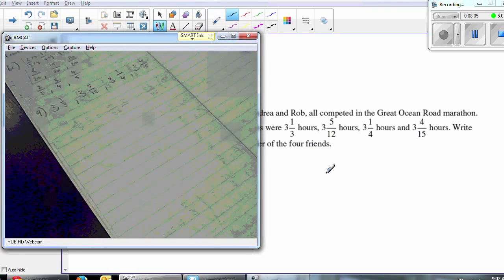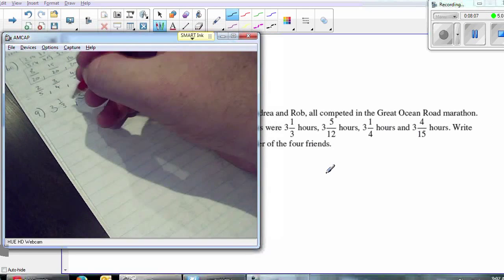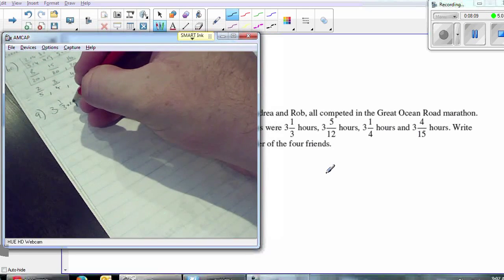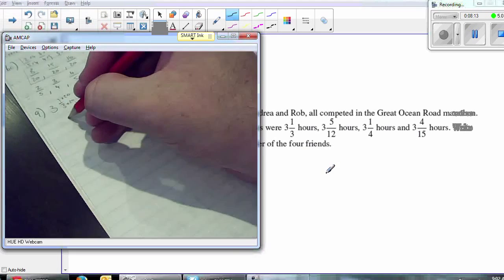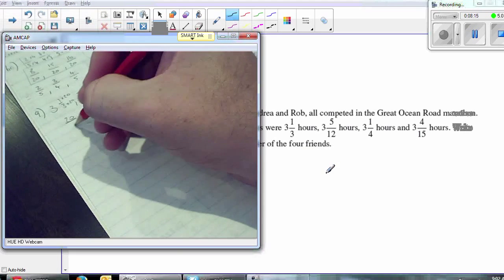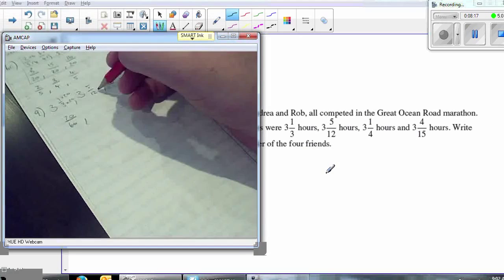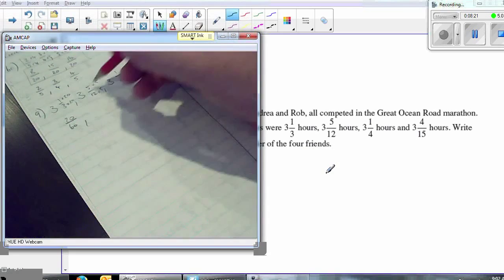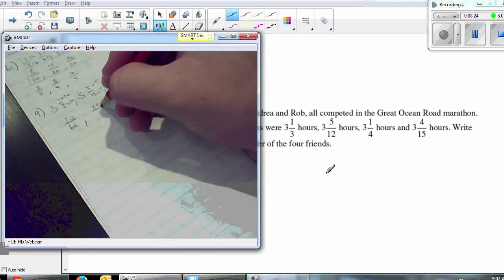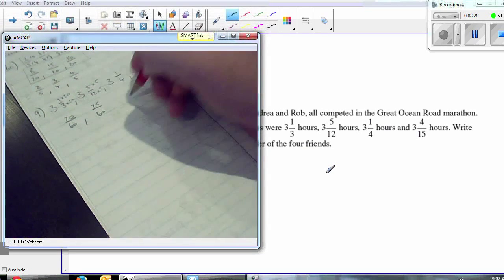So to turn 1/3 into 60, I need to times 3 by 20. Okay, which I also do to the top. So for that person, it'll become 20 over 60. For 12, I need to multiply it by 5. Okay, 5 times 5 is 25. And obviously it's over 60.